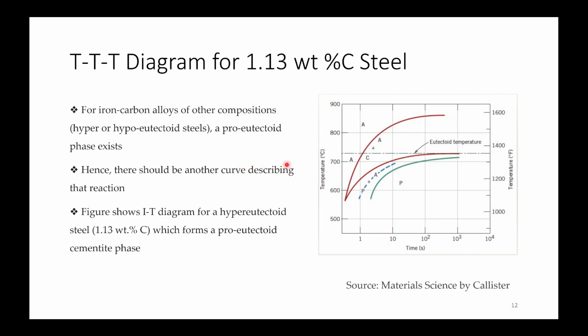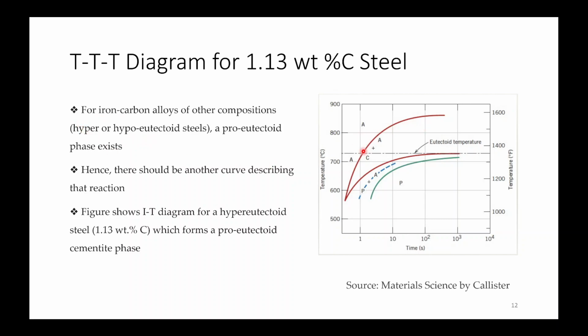In this case, a proeutectoid phase will be forming in one region of the curve. So for iron carbon alloys of other compositions such as hyper or hypoeutectoid steels, a proeutectoid phase will exist. In the previous lecture we only saw the TTT curve for eutectoid steel. Here it is for the case of hyper or hypoeutectoid steel.